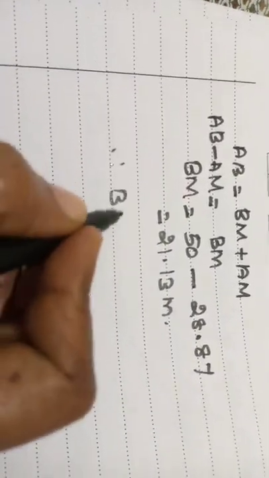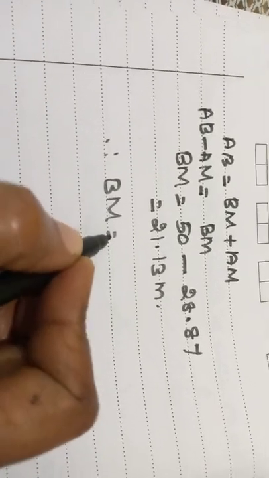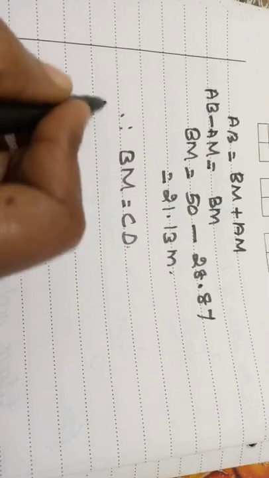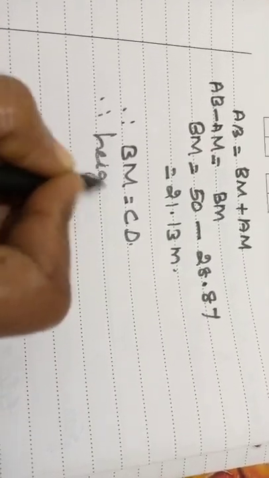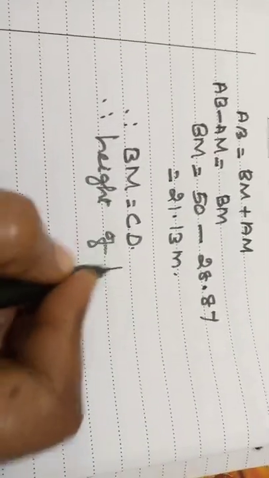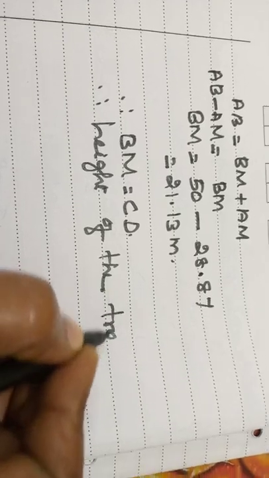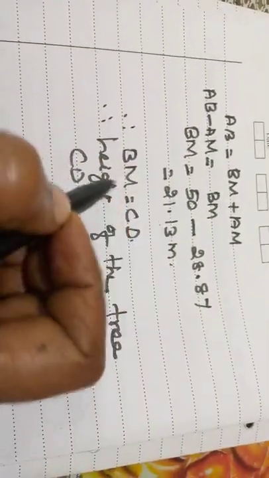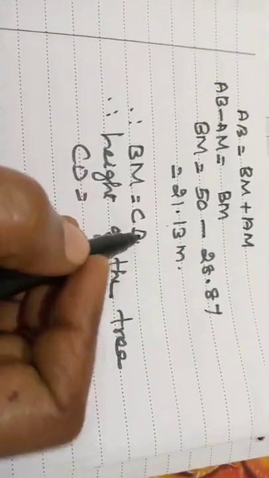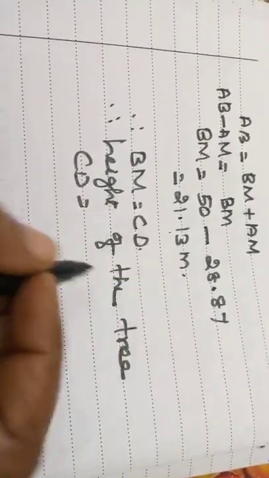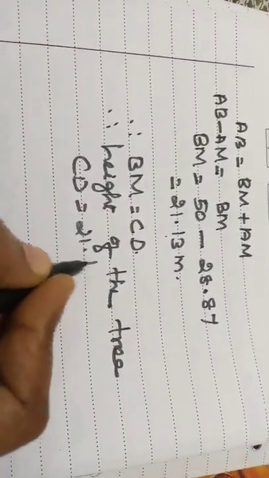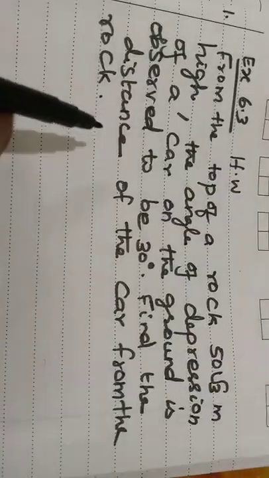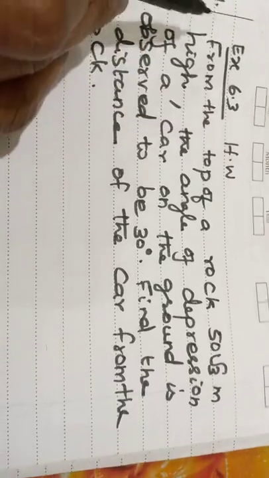Therefore, we have BM equal to CD. So the height of the tree CD equal to BM is 21.13. BM and CD are equal distance, equal height. So CD can be written as 21.13 meter. Understood, students?